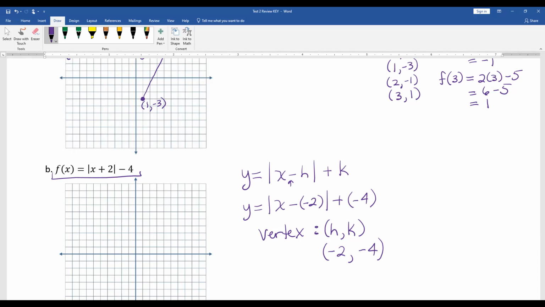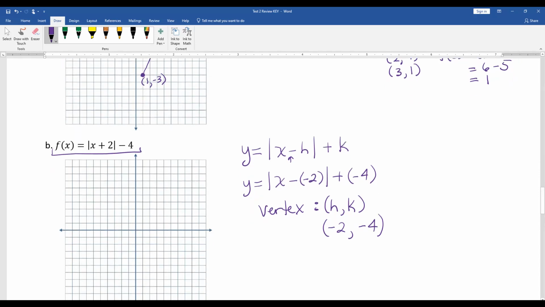Okay, so if we go ahead and graph this, negative 2 tells me that from the origin, I go in what direction? Left 2. And negative 4 says I go down 4. So 1, 2, and then 1, 2, 3, 4. So my vertex is right here.